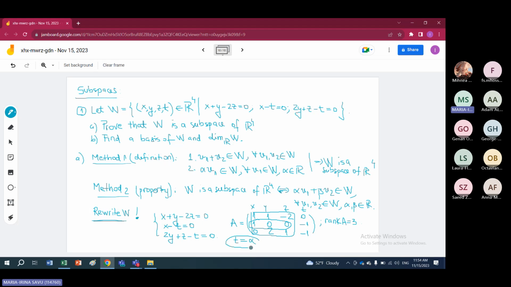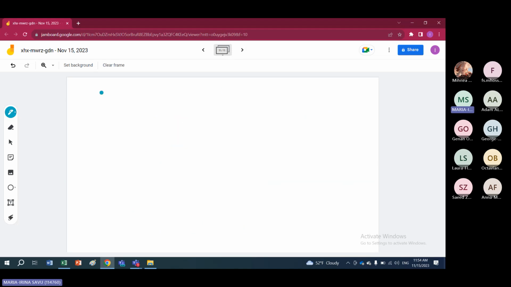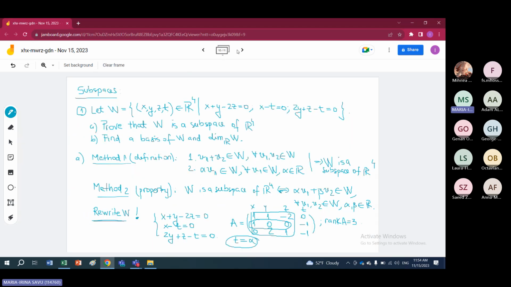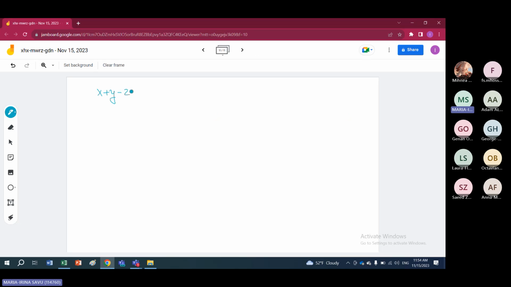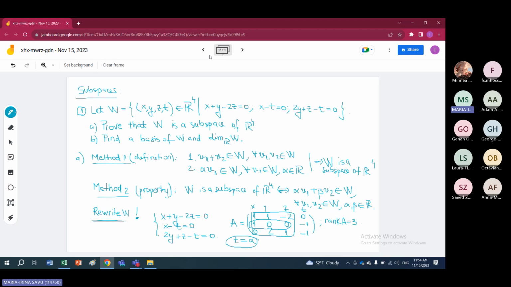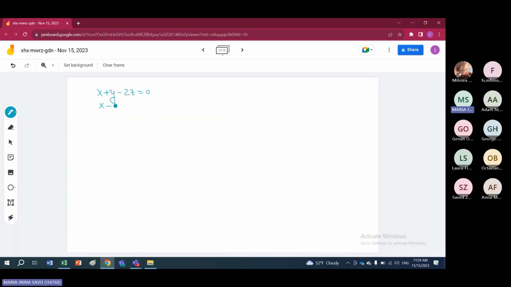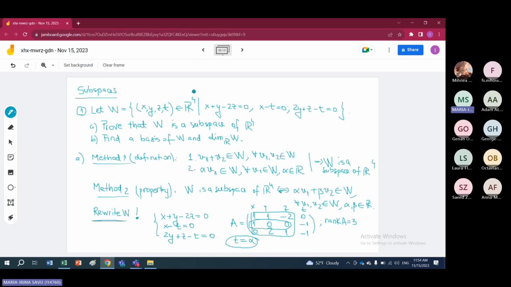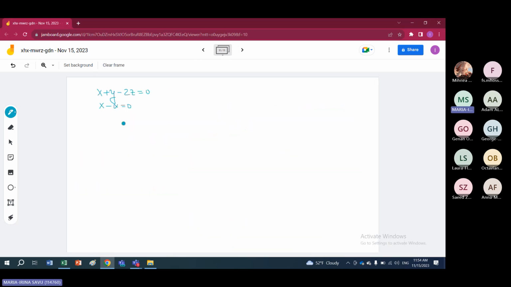So t is alpha. And let's do this thing that x plus y minus 2z is 0. Also x minus alpha is 0. And 2y plus z minus alpha is 0.